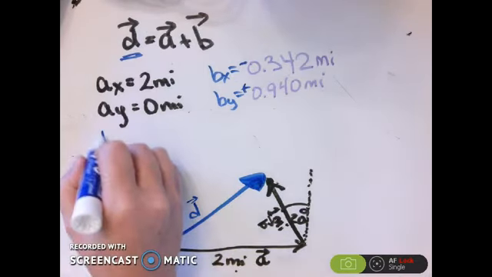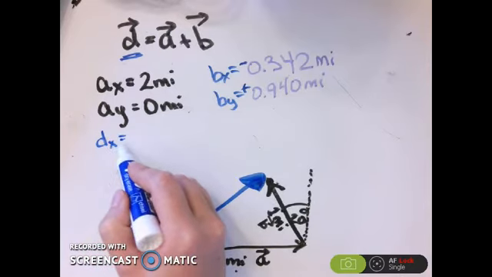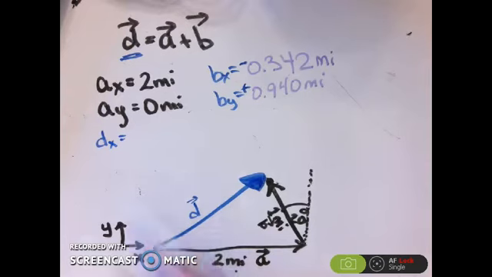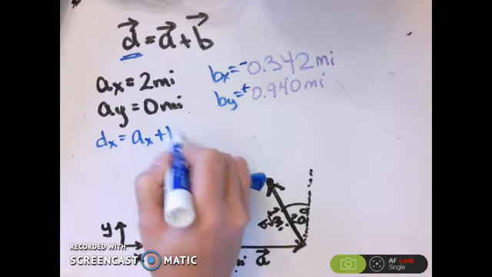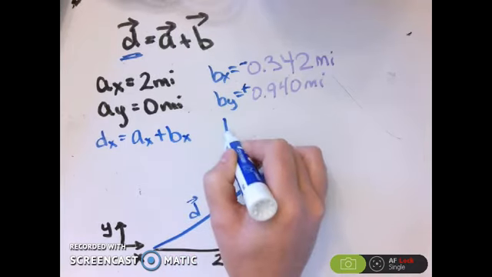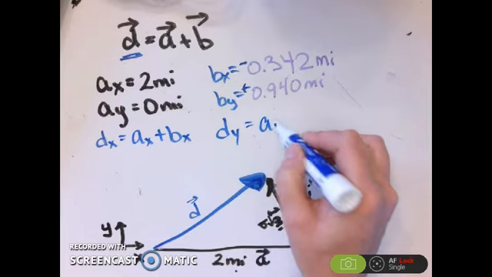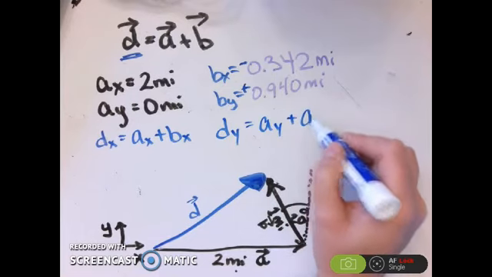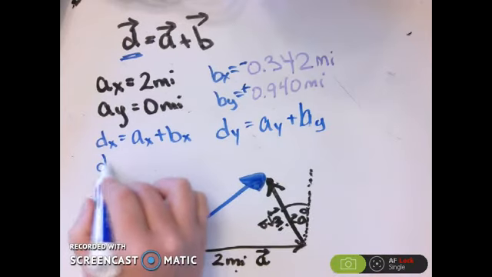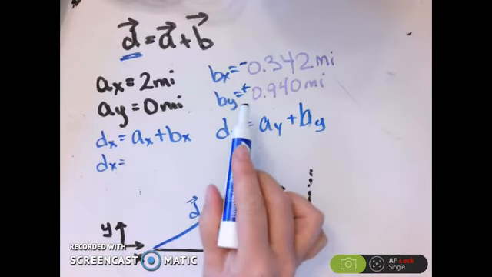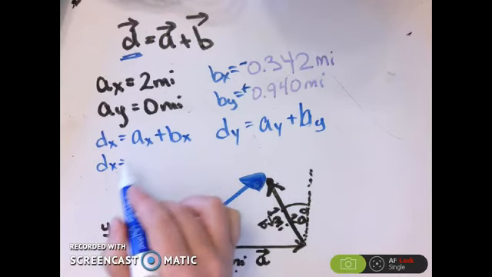Well, we now can say, okay, the x component of vector D is equal to the x component of A plus the x component of B, and the y component of vector D is equal to the y components of A and B.